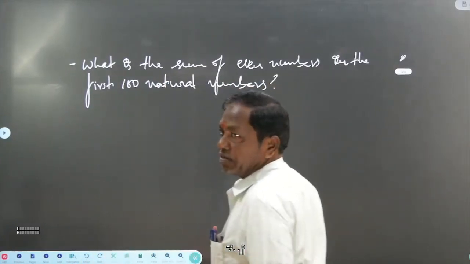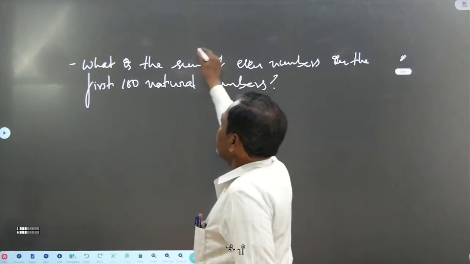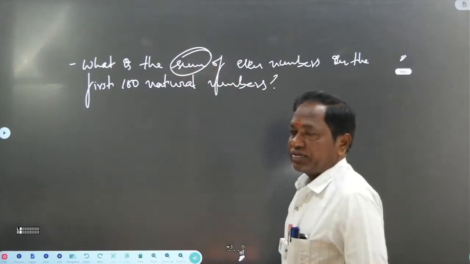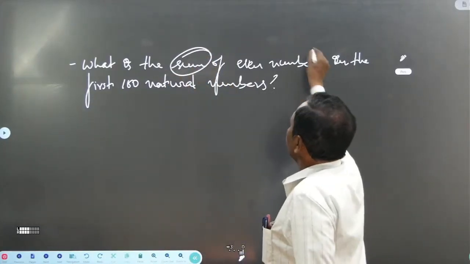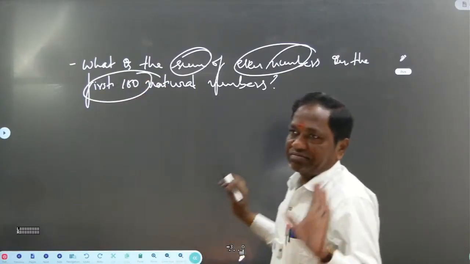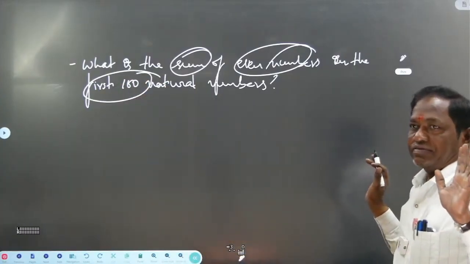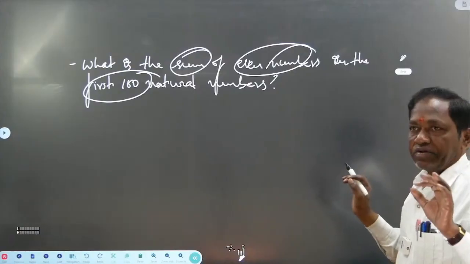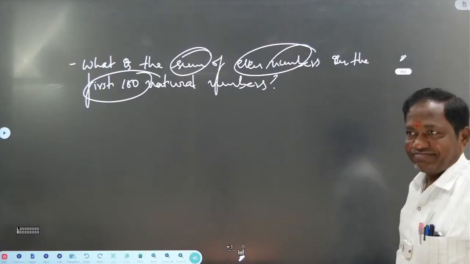Sum. You have to underline this word, sum. Even numbers, first 100 natural numbers. That's what you have to underline. Then start solving.